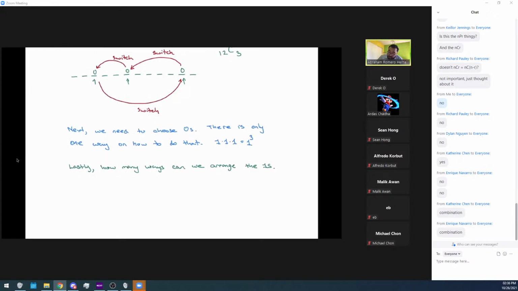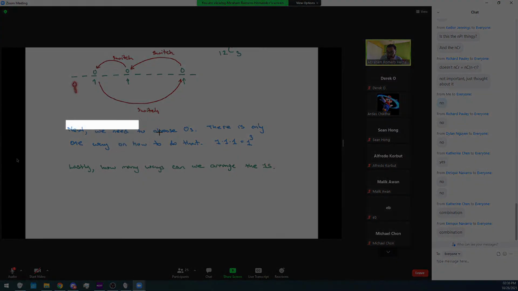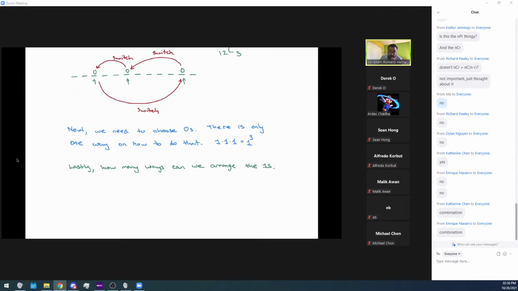Well, we know it has to be ones because it's a bit string. In a bit, it's only a 0 or 1, nothing else. So this position here has to be a 1. How many ways is there for 1 to be selected? Well, 1, because there's no zeros. All the zeros have been used up. This position, how many ways? 1. This one, 1. This one, 1. This one, 1. This one, 1. So in the end, there's 9 positions, and each one has one way of being arranged.